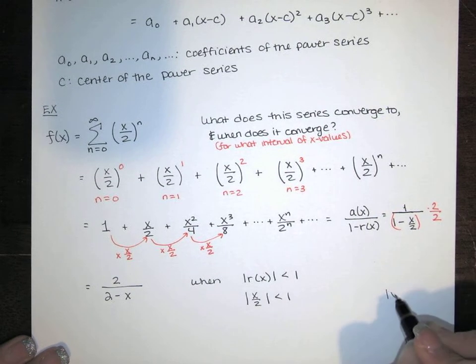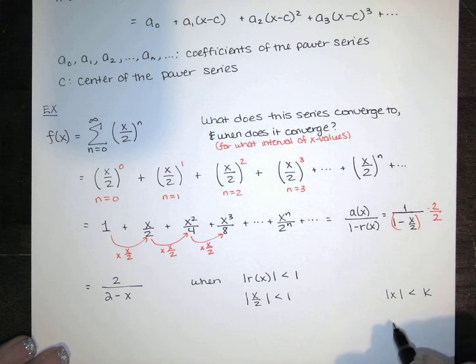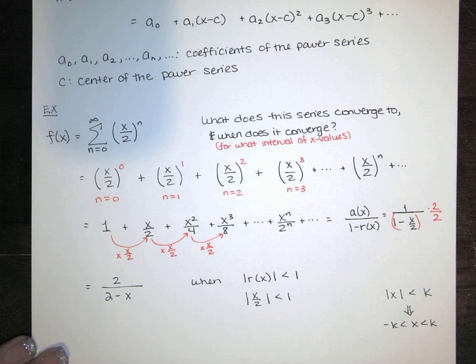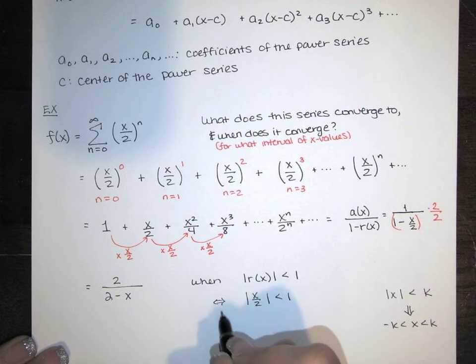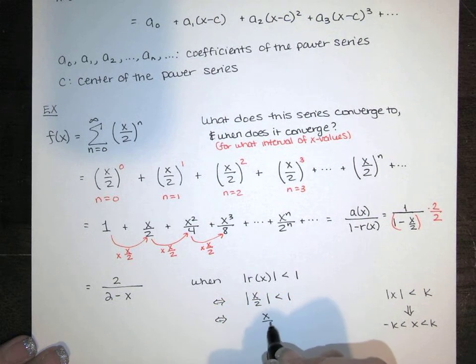If you have the absolute value of x is less than k, and k is a positive number, that means that x is between negative k and k. That's the only way that happens. So if this absolute value is less than 1, what that is telling us is that x over 2 is between negative 1 and 1.